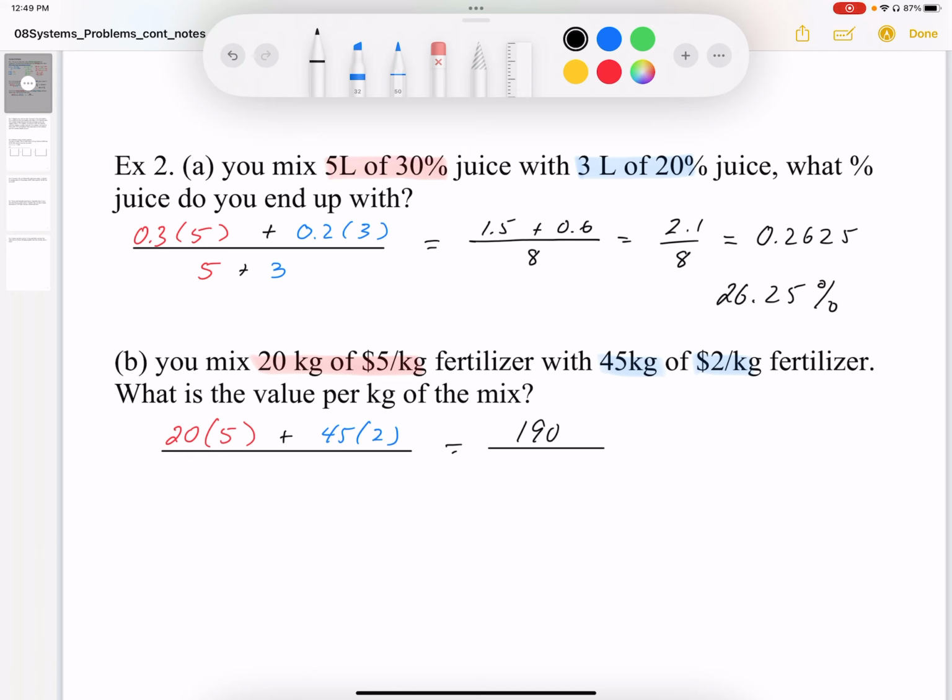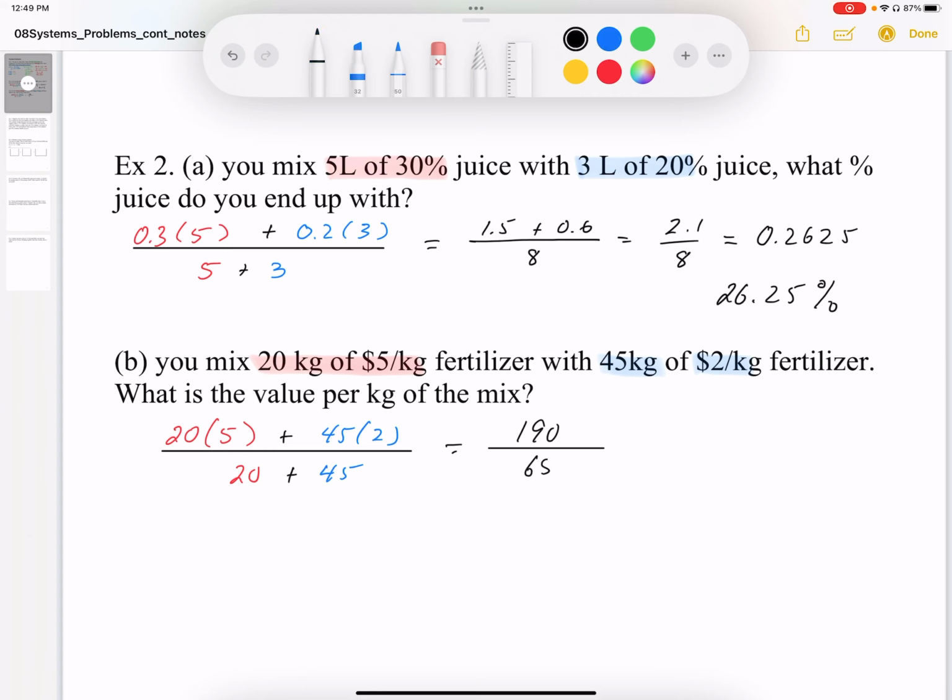And that's going to be over 65 kilograms. It's going to be the 20 kilograms plus the 45 kilograms, so we have a total of 65 kilograms.